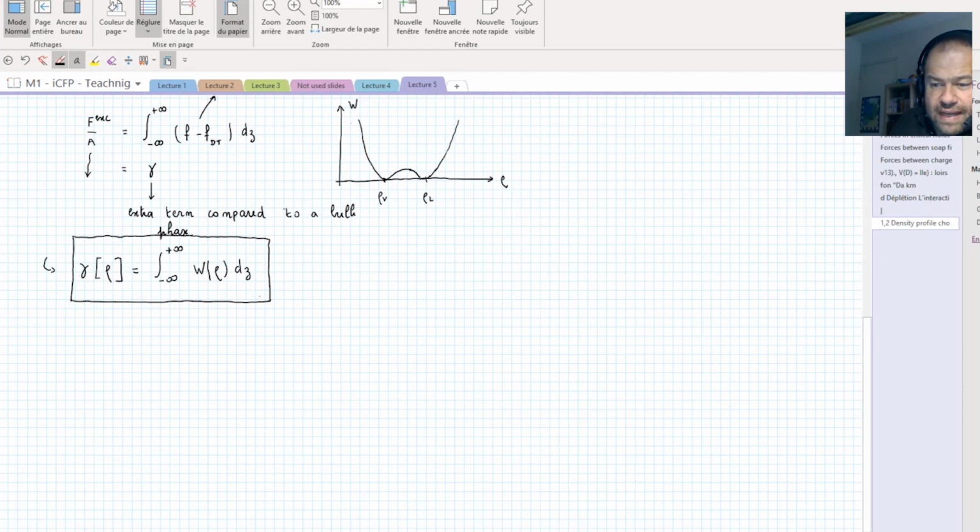And if you do that, you immediately say that the profile of density of your system is the one that minimizes the functional. The real rho of z is the one.